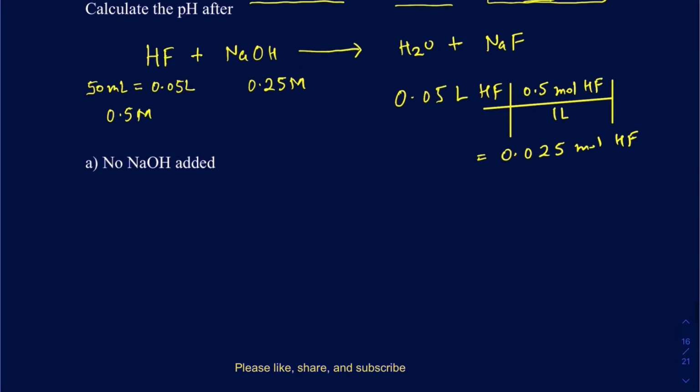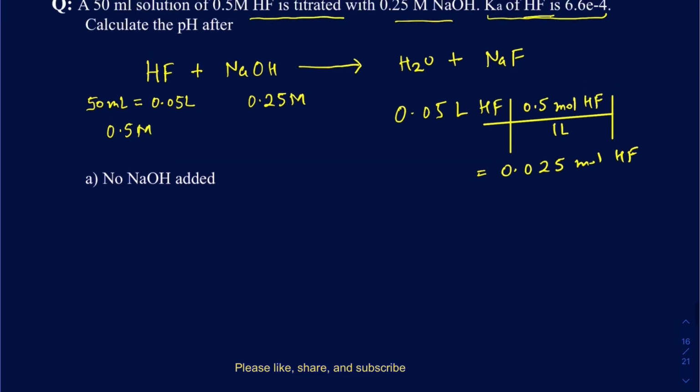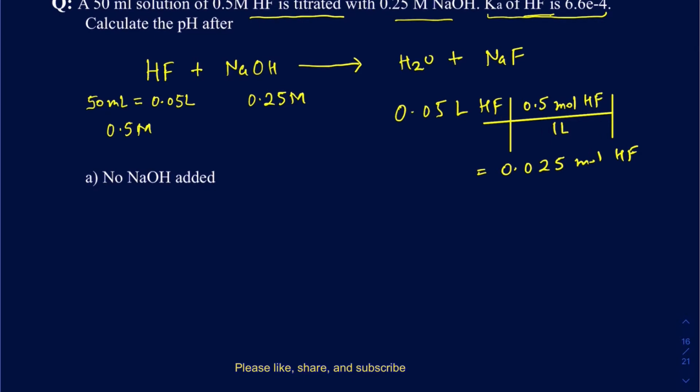Now let's look at this first question. It says, what's going to be the pH when there is no NaOH added? So another way of saying, all you really have is the HF. Since HF is your weak acid, I don't know how much it's going to be dissociating into ions. That's why we've got to make a nice table here. So the HF, when it's by itself, is going to be reacting with water, and it's going to set up an equilibrium with its conjugate base.